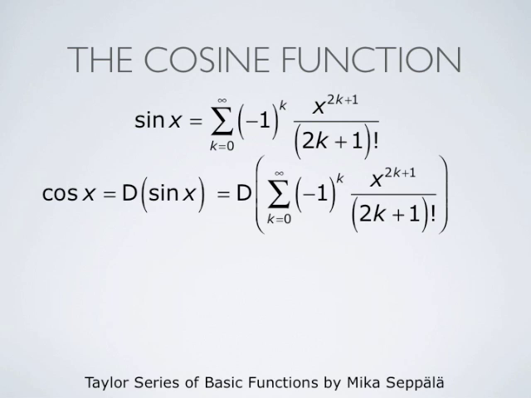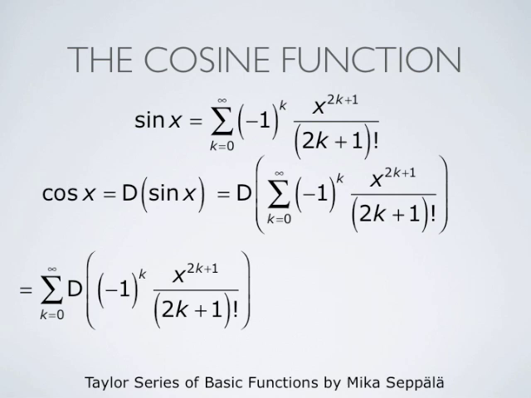Therefore, we conclude that cosine of x equals summation k from 0 to infinity, derivative with respect to x of (-1)^k x^(2k+1) divided by (2k+1) factorial. The derivative of x^(2k+1) divided by (2k+1) factorial is (2k+1) times x^(2k), divided by (2k+1) factorial.